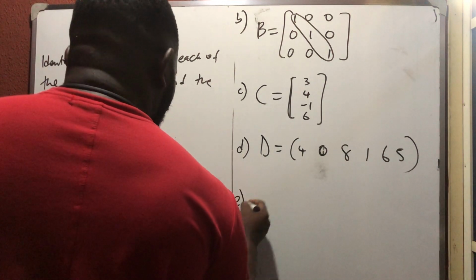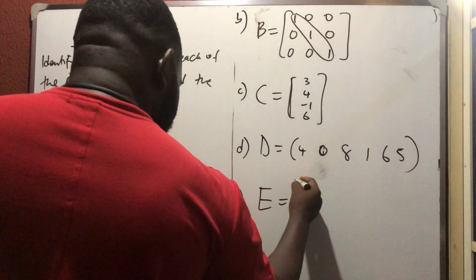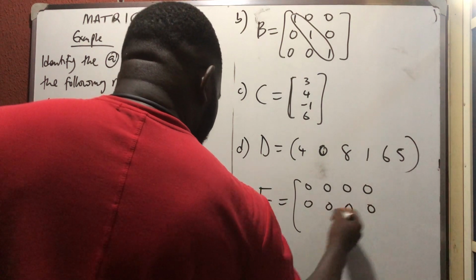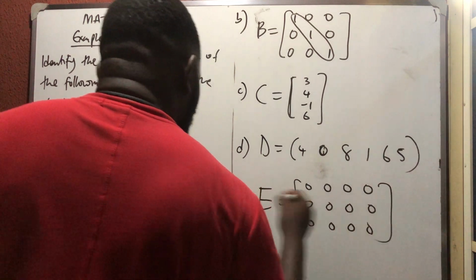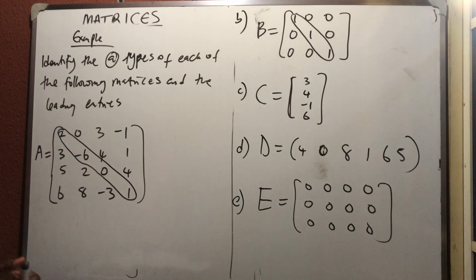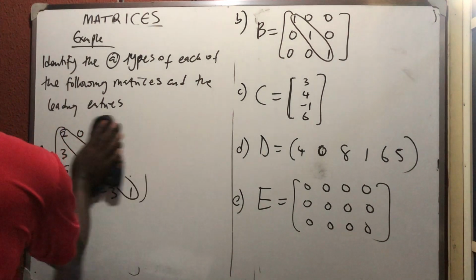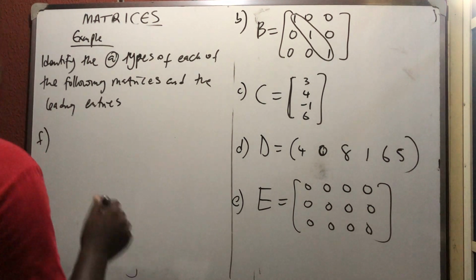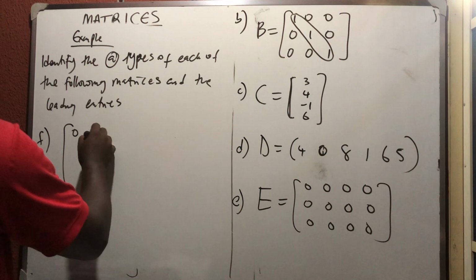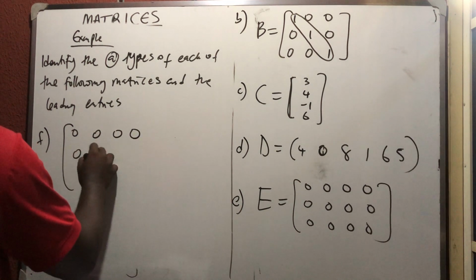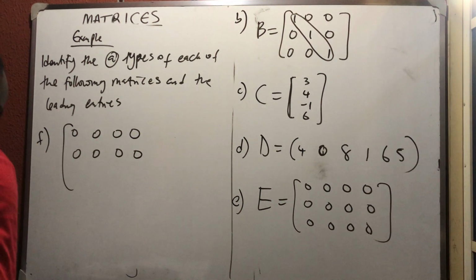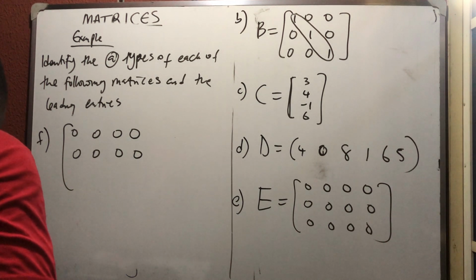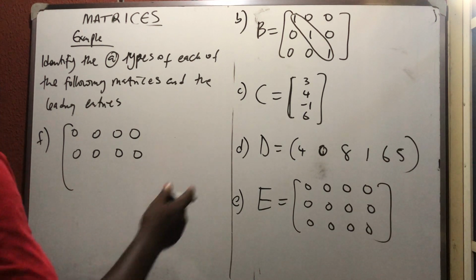If you have that the column is 1, we call it a column matrix. So E is 0 everywhere, in 3 rows and 4 columns. This is a 0 matrix, and it is a 3 by 4 matrix. So F is 0 0 0 0, 0 0 0 0, and it does not have any leading entry.